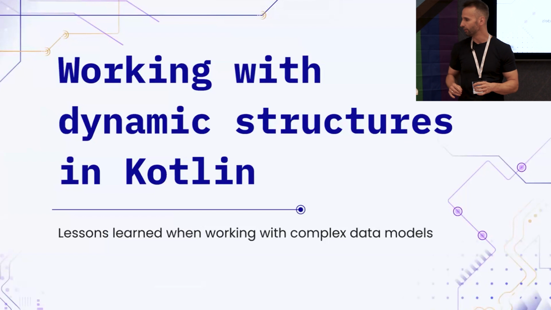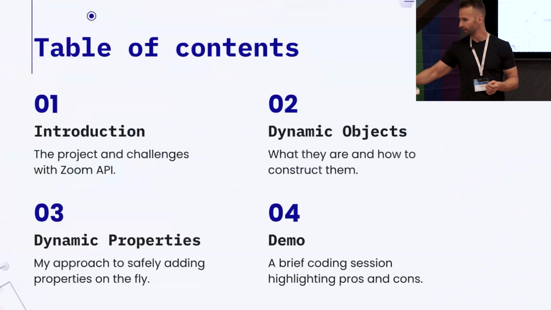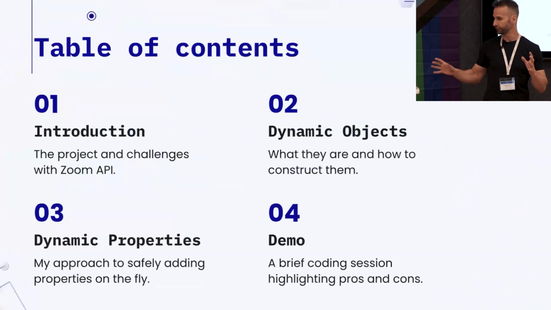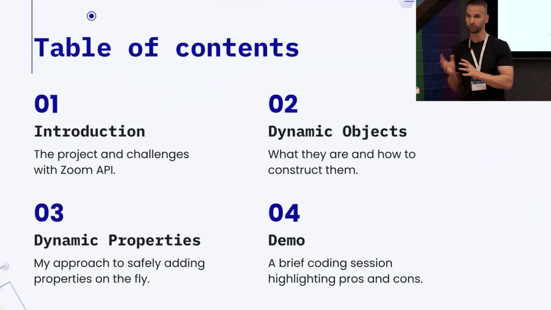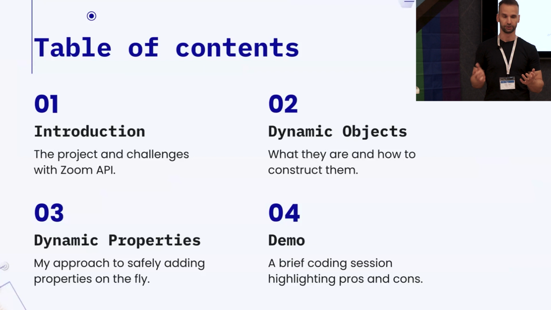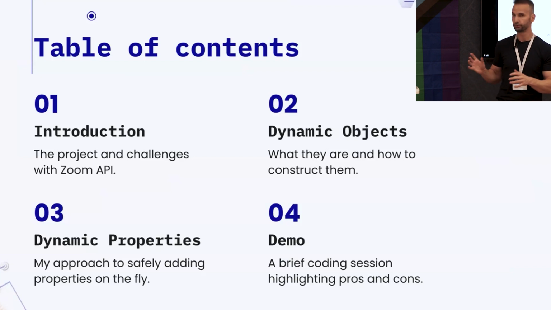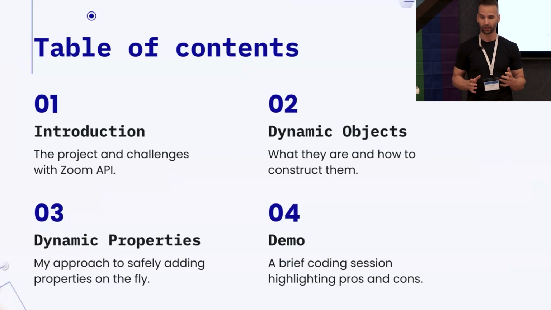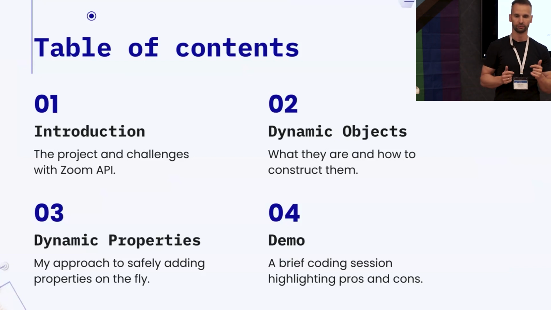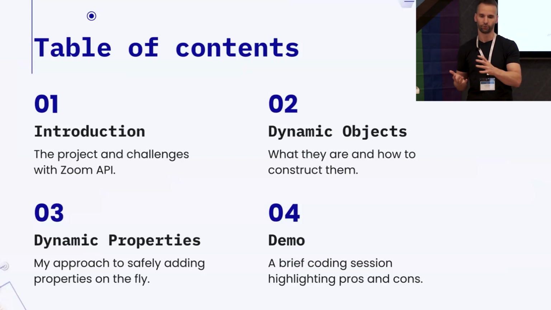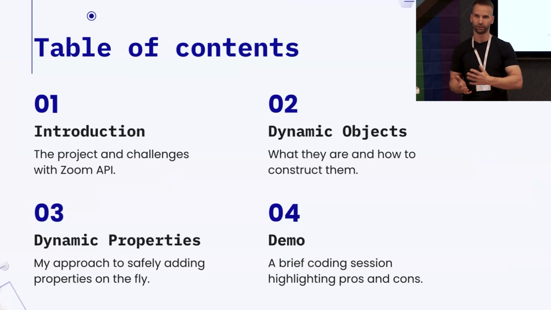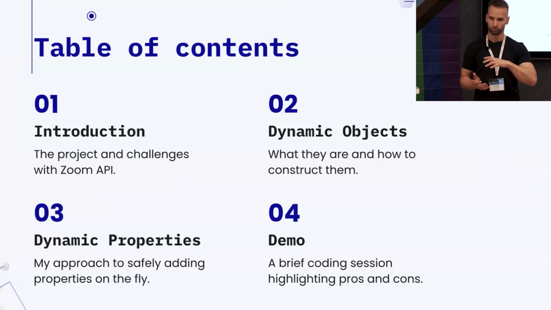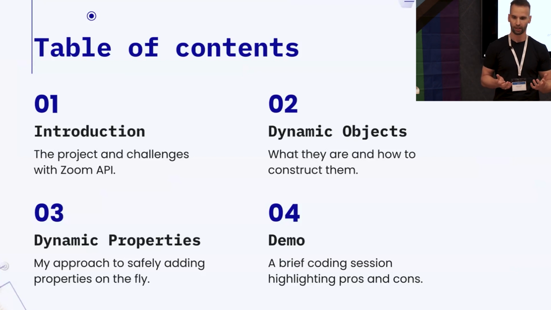Today I'm going to talk about dynamic structures in Kotlin, and it's a concise talk. I will keep it really to the point. So after a brief introduction into the project and the challenges I've come across, I will delve into what dynamic objects are, how to work with them, not only in Kotlin, and then I will go through all the possibilities that are in the language I found might be useful, and then share my own approach to building or using dynamic properties in my code.